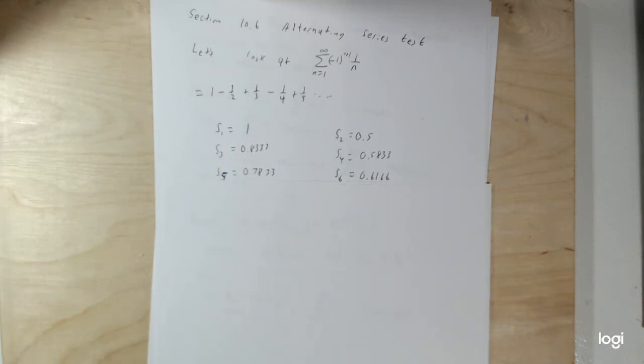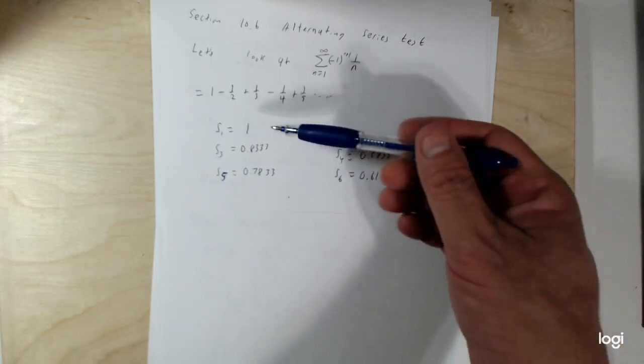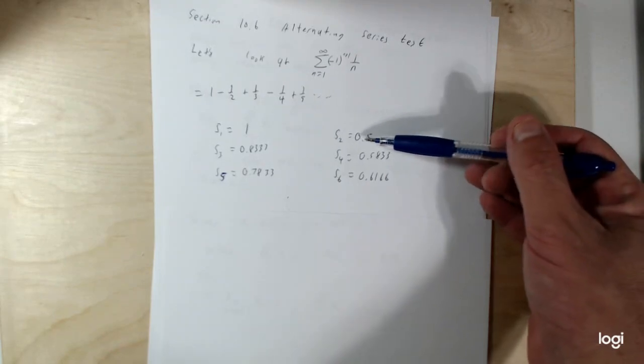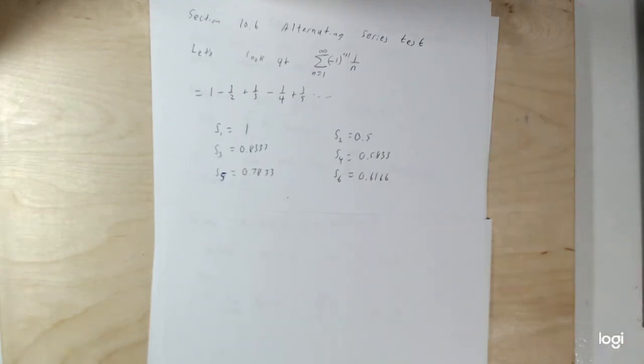And you'll notice these partial sums that are odd are going down. These partial sums that are even are going up. Eventually, they're going to meet, and so this thing's going to converge. But it's converging because of that back and forth action going on.